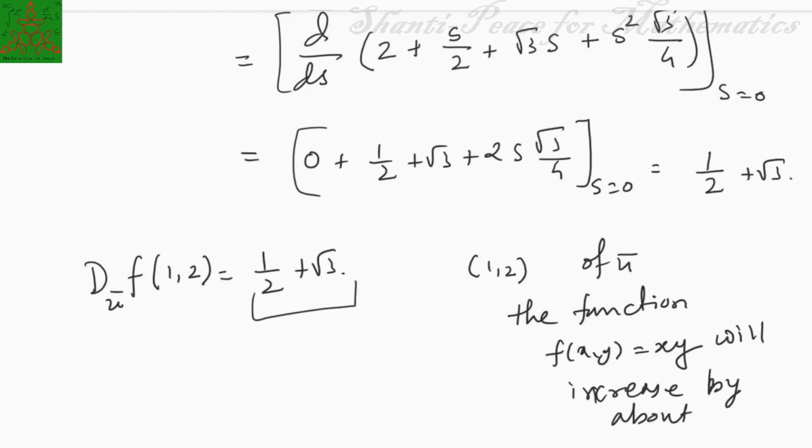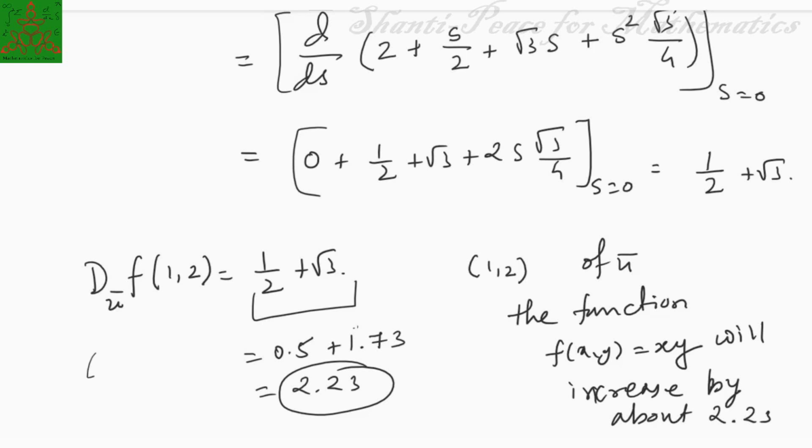So root 3, this is 0.5 and root 3 I can calculate as 1.73. So this will give you 2.23. So I can say that it is increased by about 2.23.